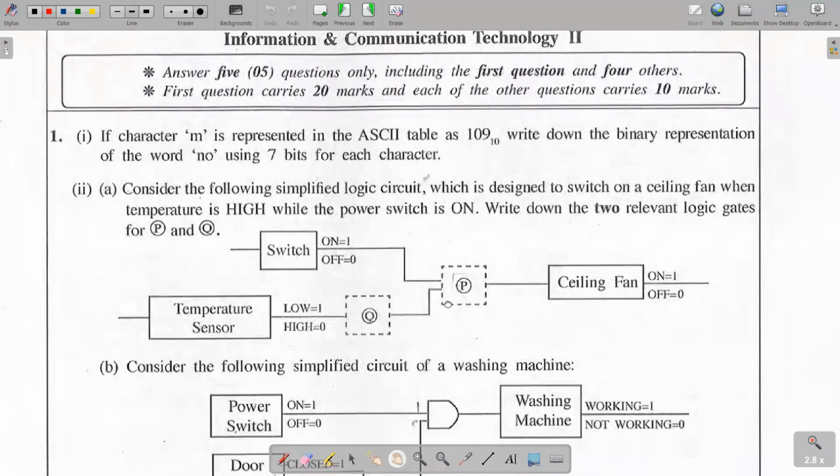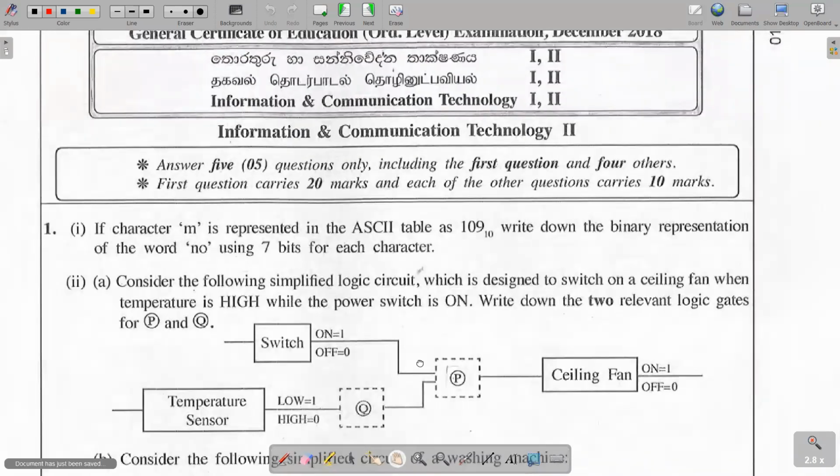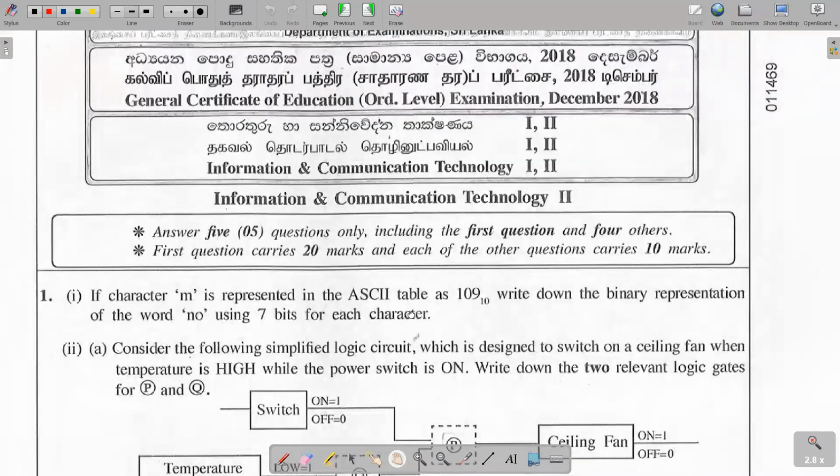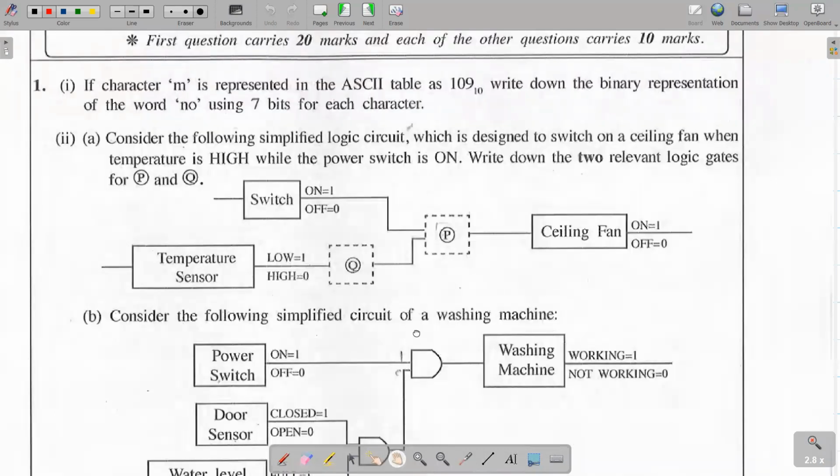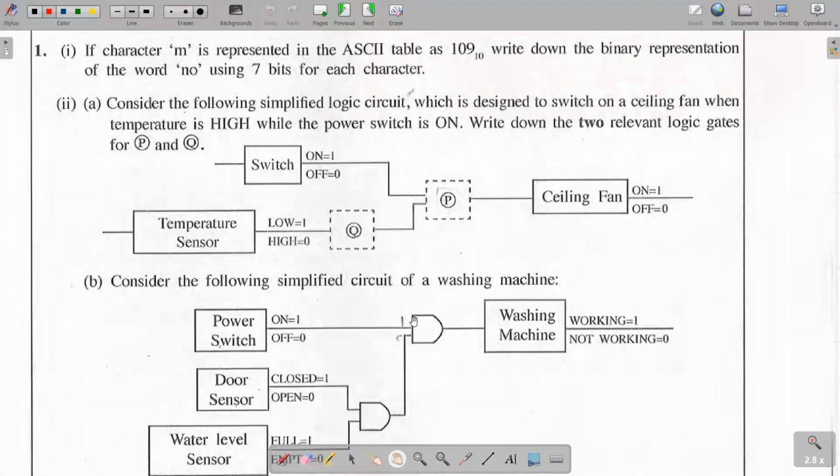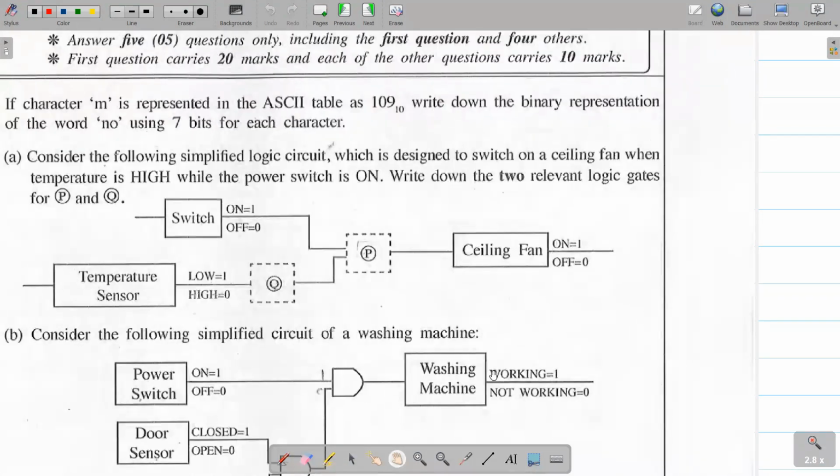So, in the second paper, it says if character M is represented in the ASCII table as 109, write down the binary representation of the word "no" using 7 bits for each character. ASCII kind of questions are very common.